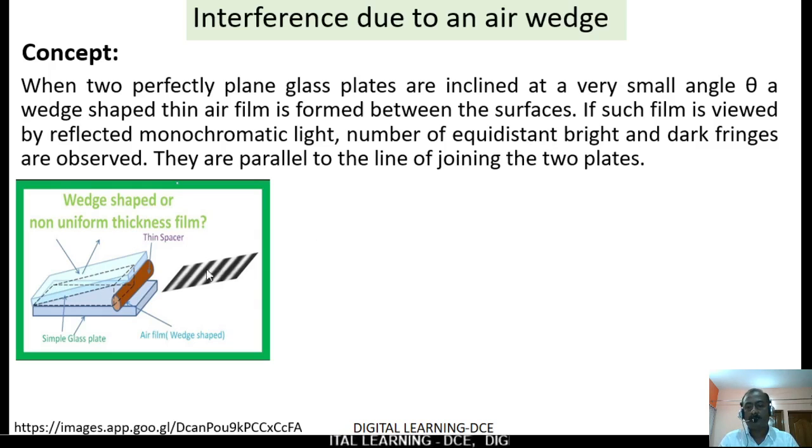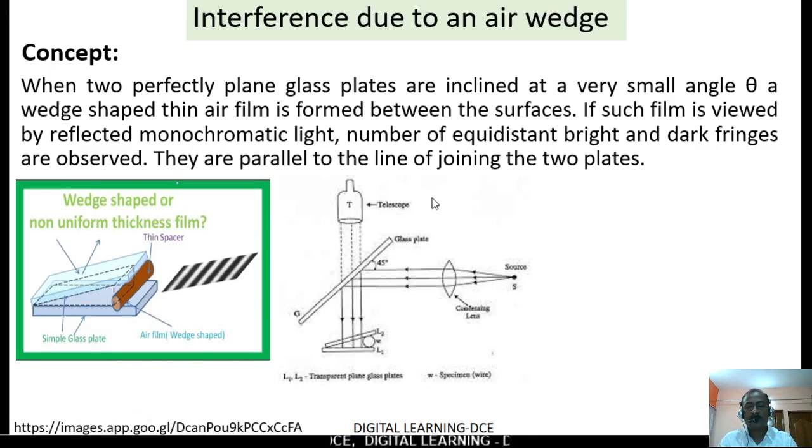See here, dark and bright fringes are observed when we look through the traveling microscope. We can see the fringe pattern like this. They are parallel to the line joining the two plates.